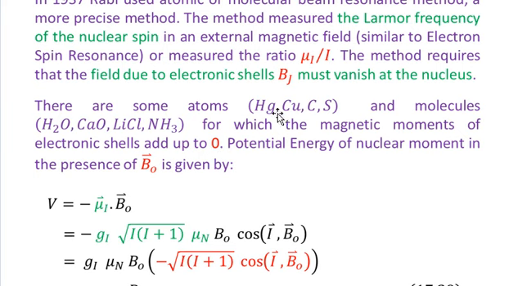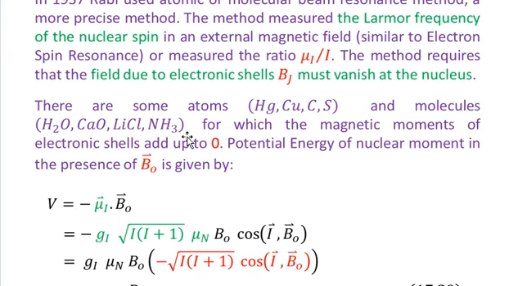So these are the atoms: mercury, copper, carbon, sulfur, for which the magnetic moment of the electronic shells at the nucleus adds up to zero. And there are some molecules, for example, H2O, CaO, lithium chloride, and NH3, for which the magnetic moment of the electronic shells at the nucleus also adds up to zero.